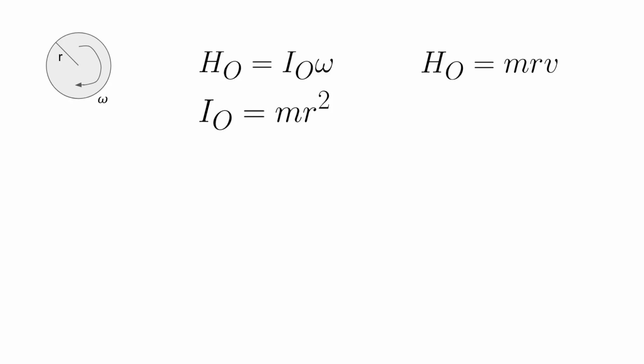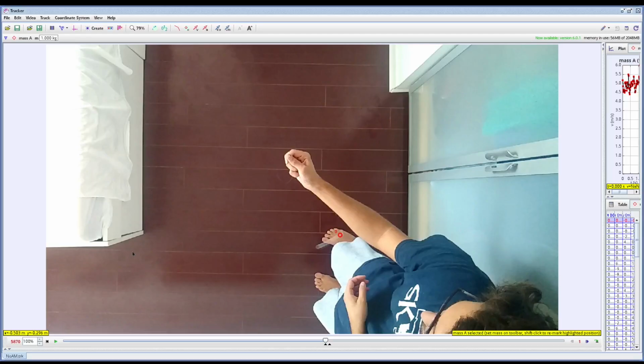So now, to begin, we're going to look at an example where angular momentum doesn't apply and you would have to use other methods to solve the problem. So let's go into tracker and look at it. So here's tracker, and as always, just let the motion play.